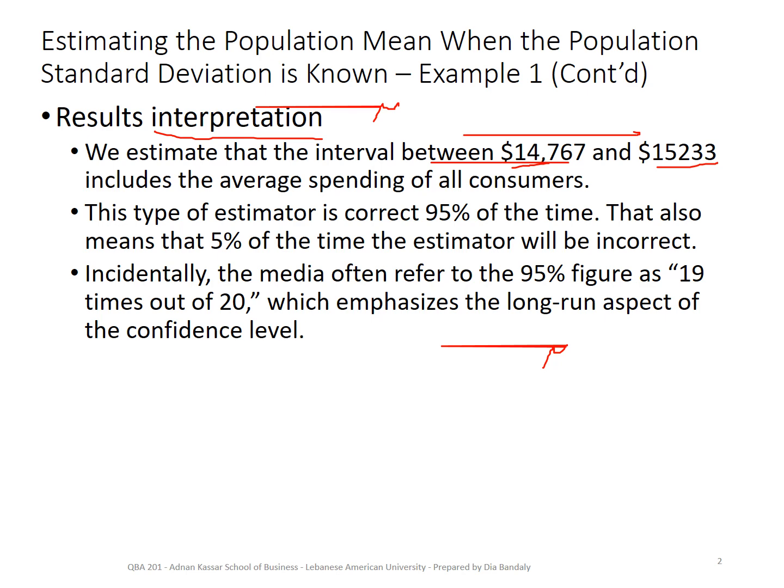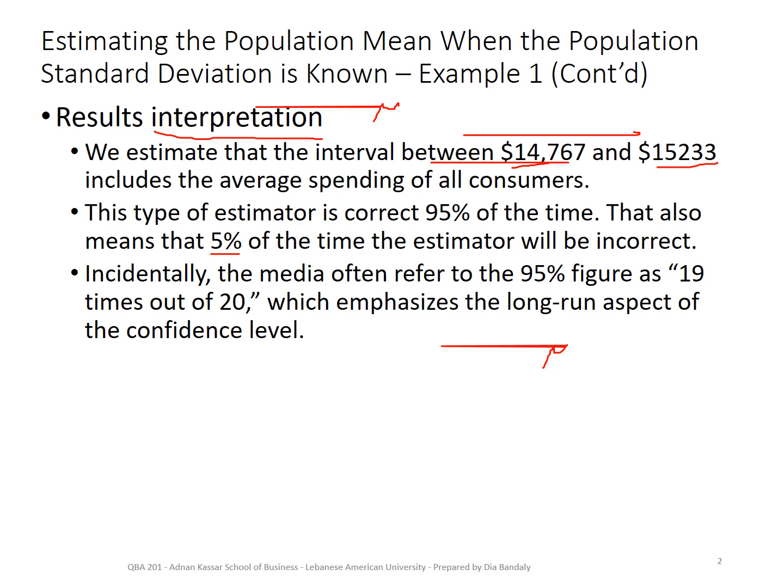So when we say that we are 95% confident, what happened to the remaining 5%? We are admitting that we can be wrong 5% of the time. In the media, they always refer to 95% as 19 out of 20. They like to use that because it's closer to people's language, right?